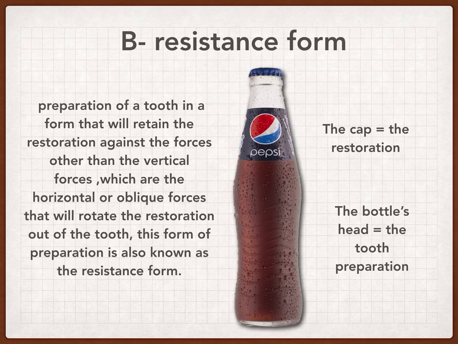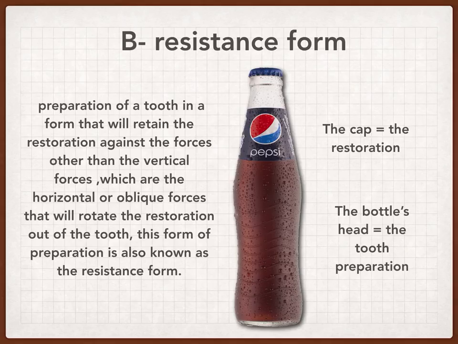Okay, the second mechanical consideration is the resistance form. The resistance form is the preparation of the tooth in a form that will prevent the restoration from being dislodged by horizontal or oblique forces, or in other words, prevents its rotation.